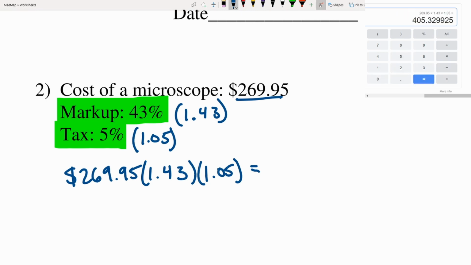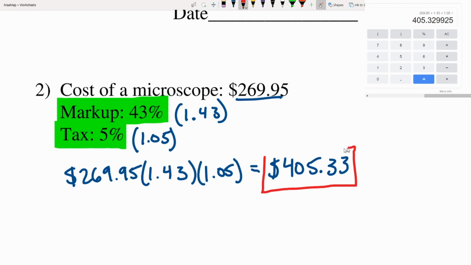That's going to give us $405 and, rounding, 33 cents. So $405.33. And the way to round is you round to the closest penny. So $405.33.